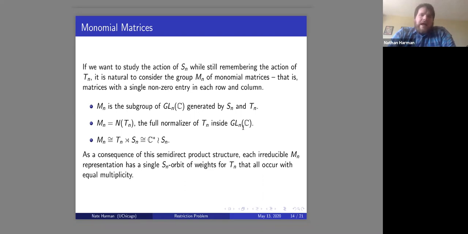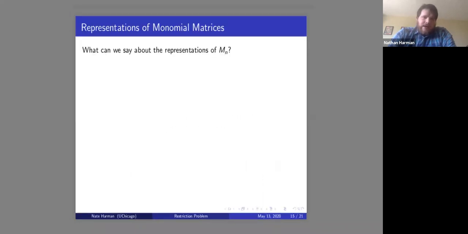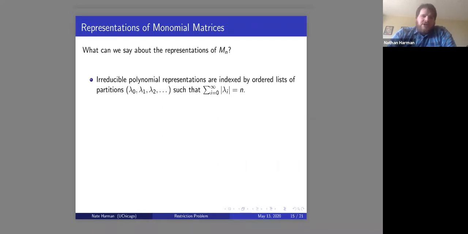All right, so that is why you might consider monomial matrices. How does it help us? Well, what are the representations of monomial matrices? It turns out the irreducible polynomial representations are indexed by ordered lists of partitions, where now the total size has to be n.